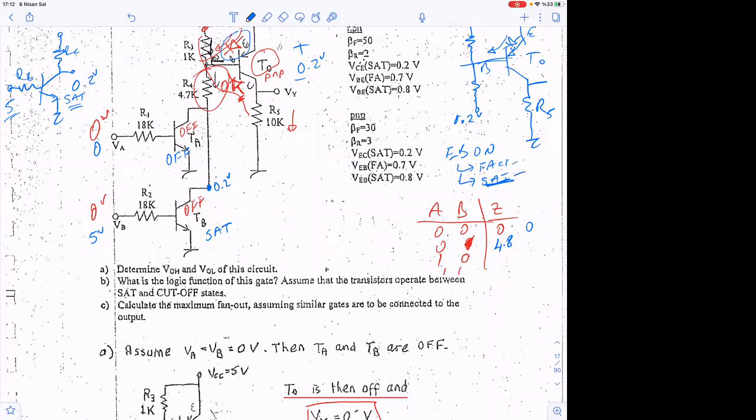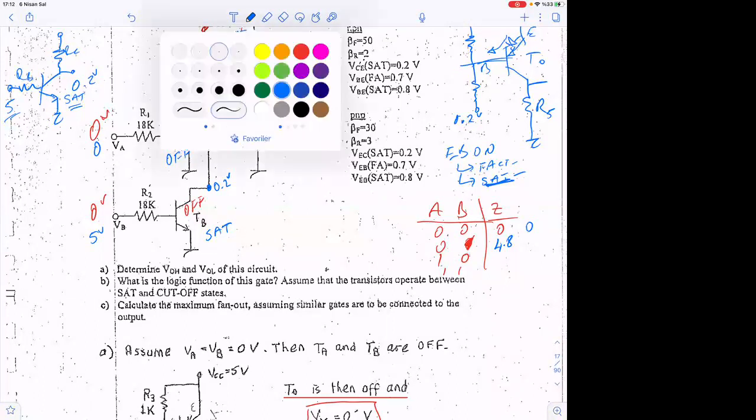And my assumption, without any calculation, is that it will be in SAT. You can go ahead and verify it, but for a quick answer, if somebody asks you what is the function of this circuit, that's what you do.